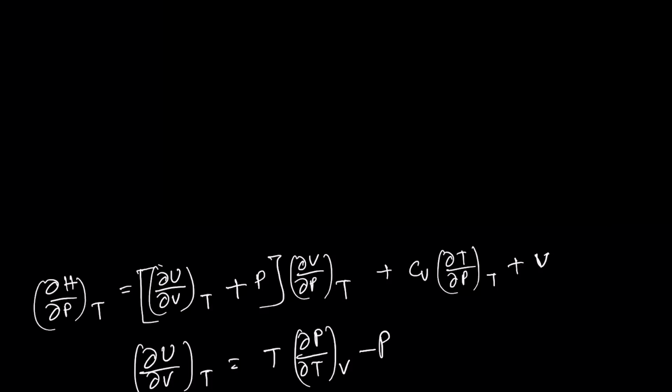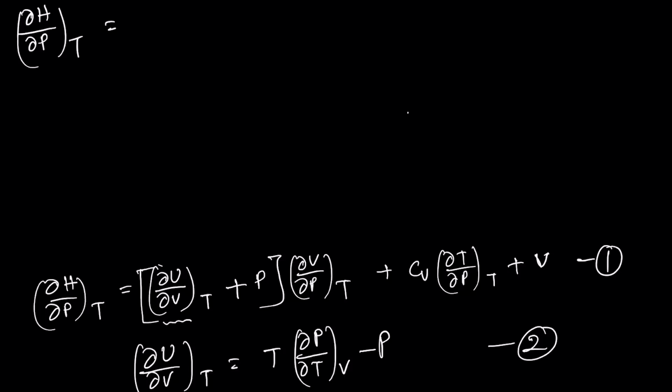Now, I am denoting this equation 1 and equation 2. I am going to put equation 2 in equation 1 and derive del H by del P at constant T again. So, I am going to write T del P by del T at constant V minus P here.